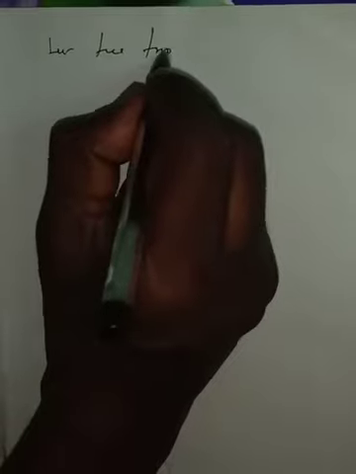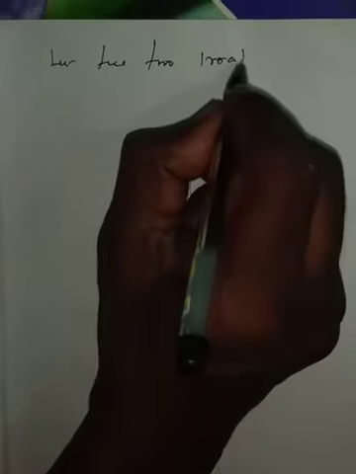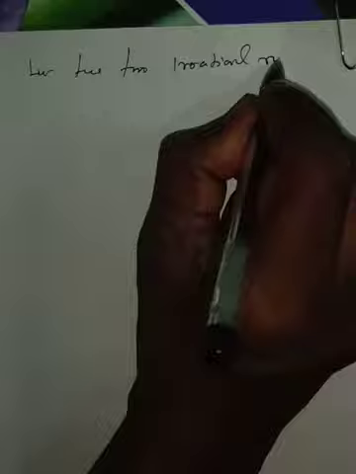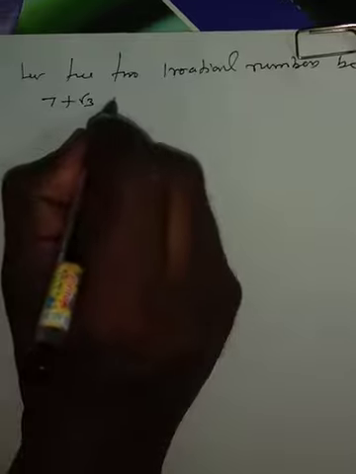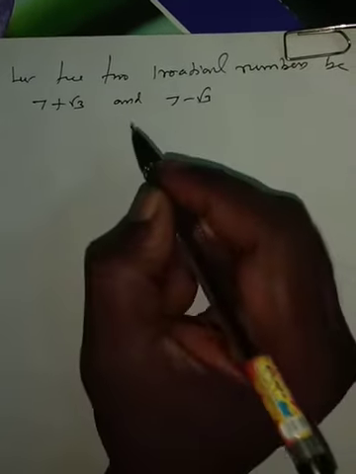Let the two irrational numbers be 7 plus root 3 and 7 minus root 3.